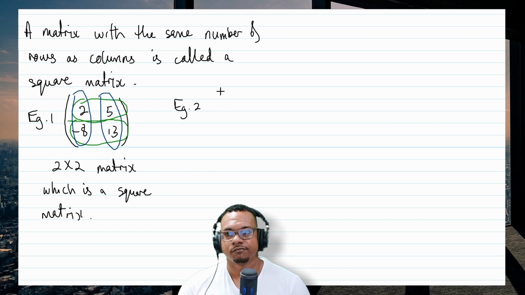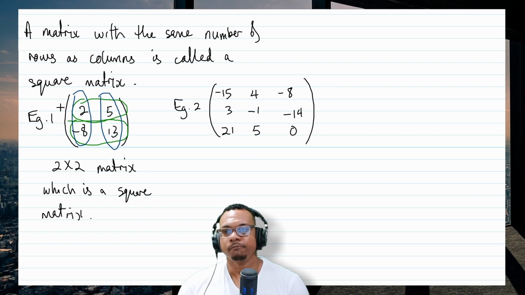Example 2. If I have -15, 3, 21, 4, -1, 5, -8, -14, 0.